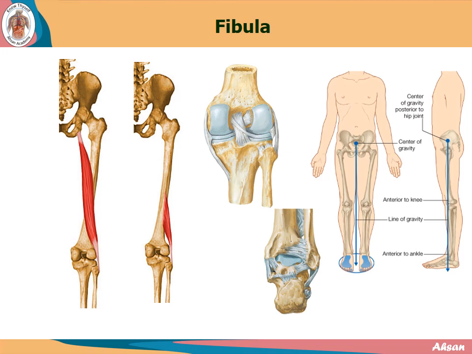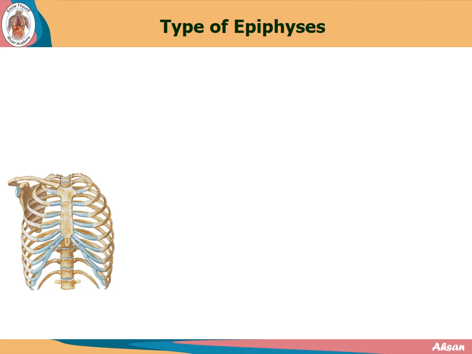So this epiphysis is of the traction type. The lower end of the fibula forms the ankle and is under pressure, so this is a pressure epiphysis, but they are different in following the rules of ossification.